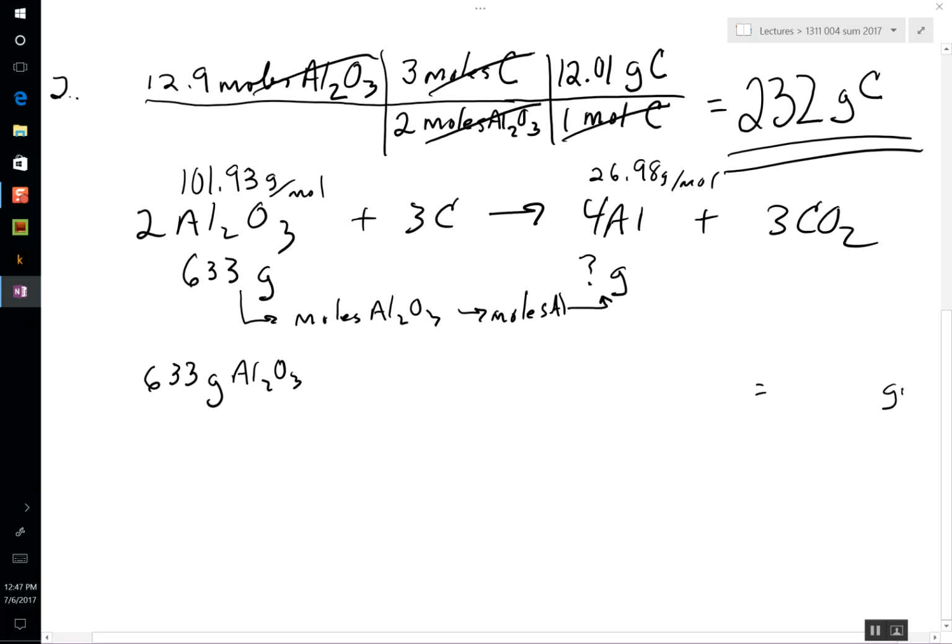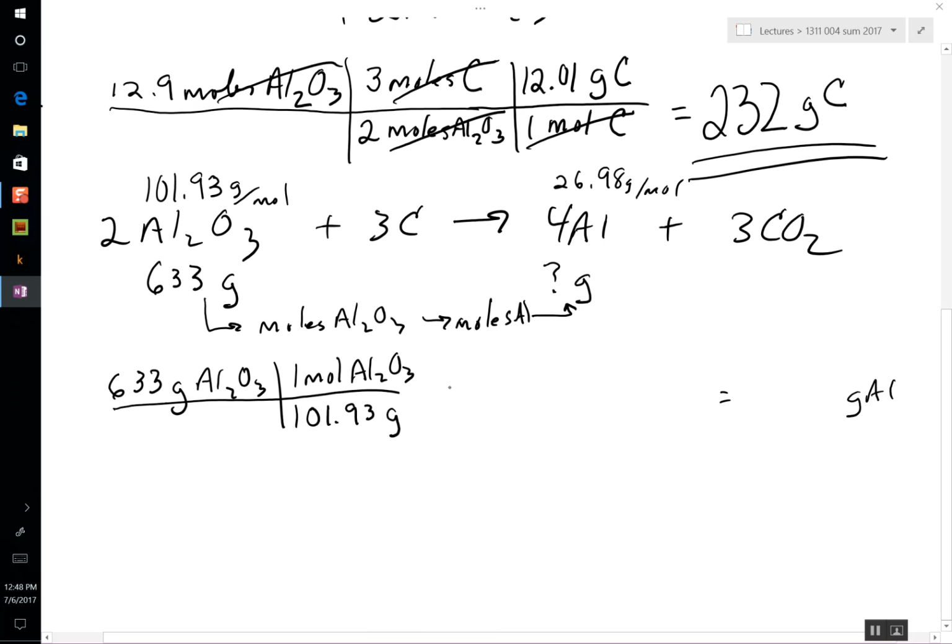And we want to get over here to grams of aluminum. It's 1 mole of aluminum oxide has a mass of 101.93 grams, that gets me to moles of aluminum oxide. There are 4 moles of aluminum for every 2 moles of aluminum oxide.